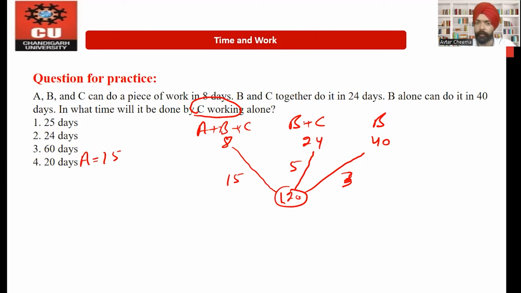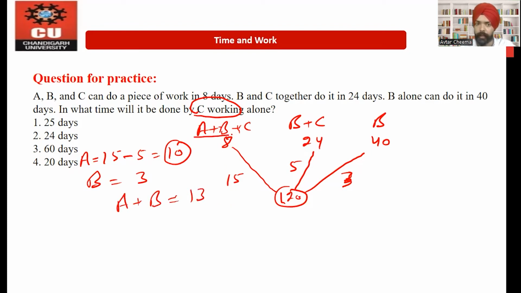Out of this, if I subtract the efficiency of B plus C, that is 5, I get the efficiency of A. So the efficiency of A is 10. The efficiency of B is 3. And the combined efficiency of A plus B is 13.